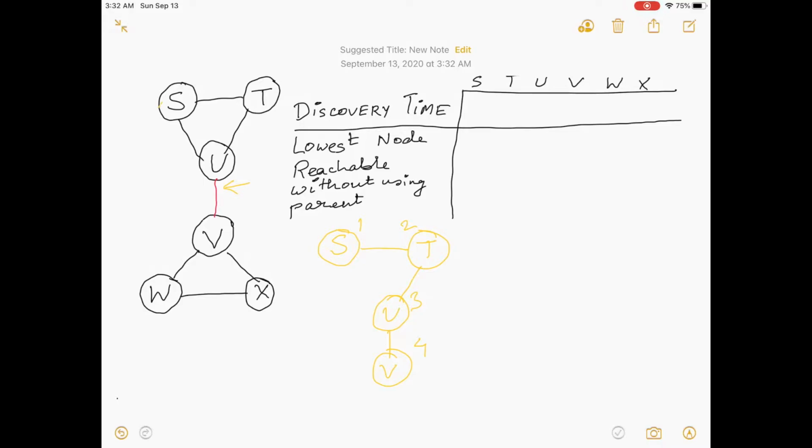And let's not worry about the subgraph of V right now.